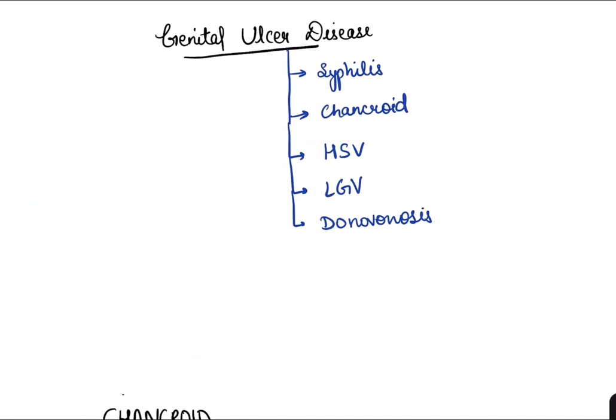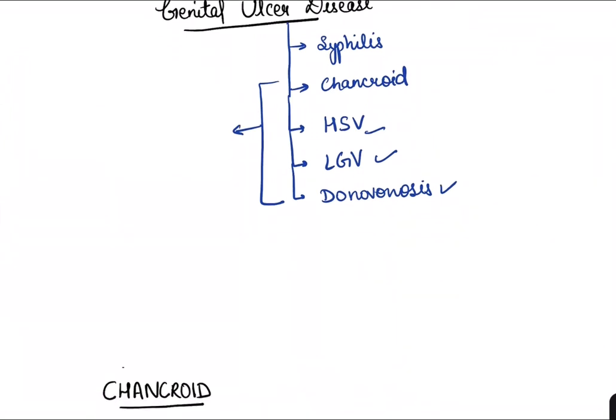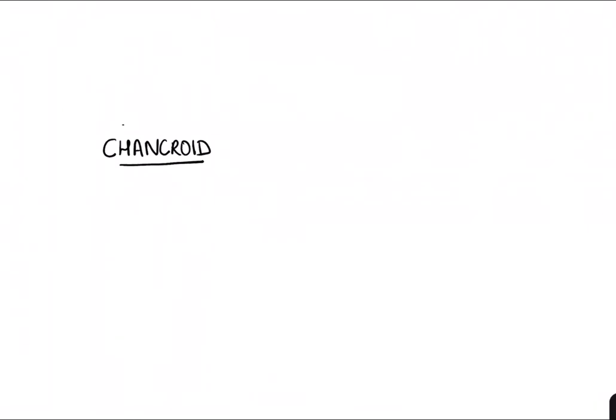Now I am going to revise in this topic these 4 diseases: chancroid, HSV, LGV and donovanosis. Let's start with chancroid. These are not the chancres which we find in syphilis. One thing we must know is that these are soft chancres, meaning they are non-indurated.